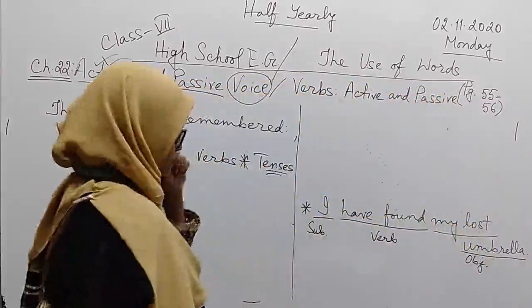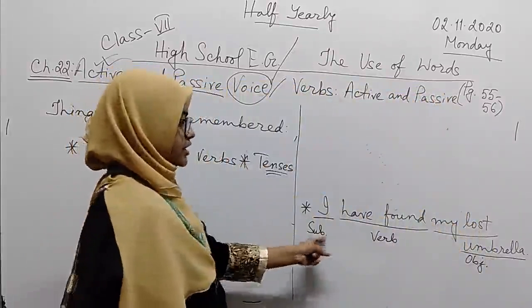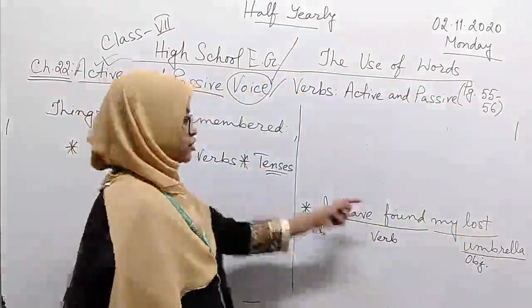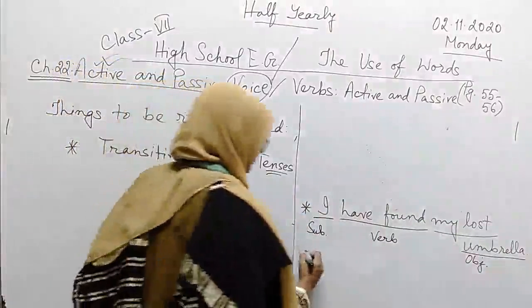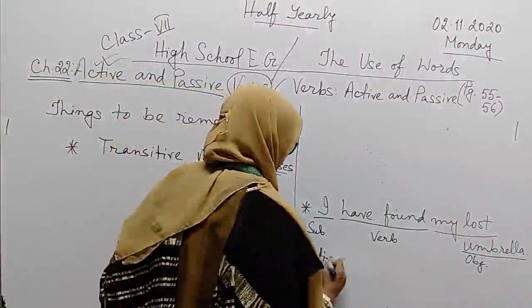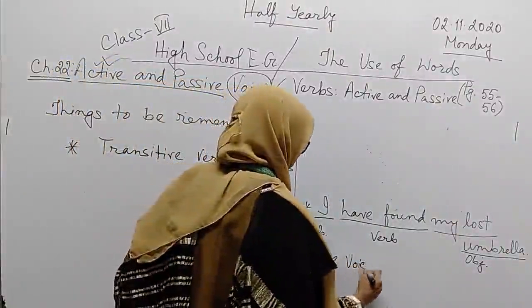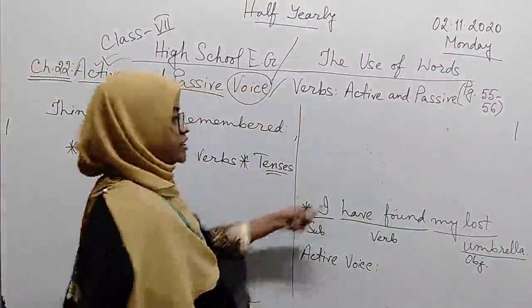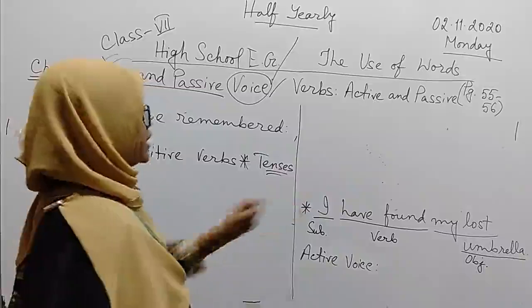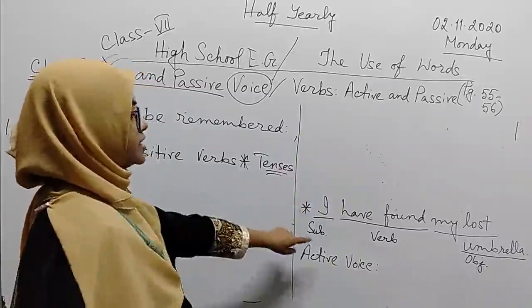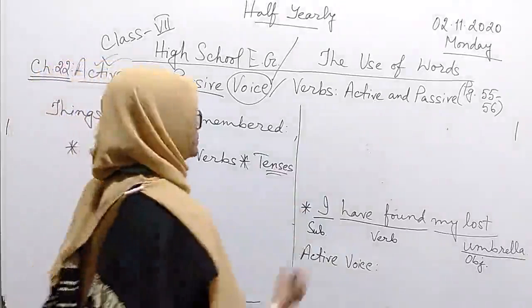Alright? So as we can see, the subject is actively doing something. So the voice in here is active once again. Because the subject actively does something, the voice becomes active in this sentence. Let us change this into passive.